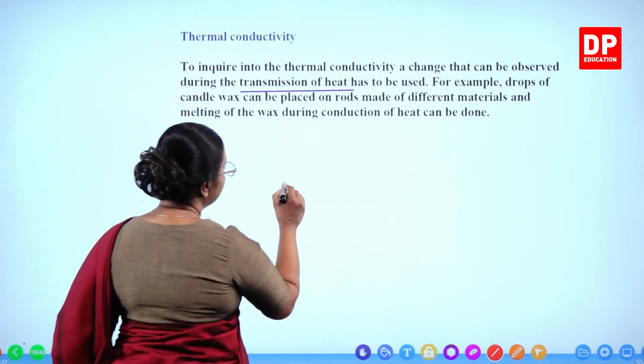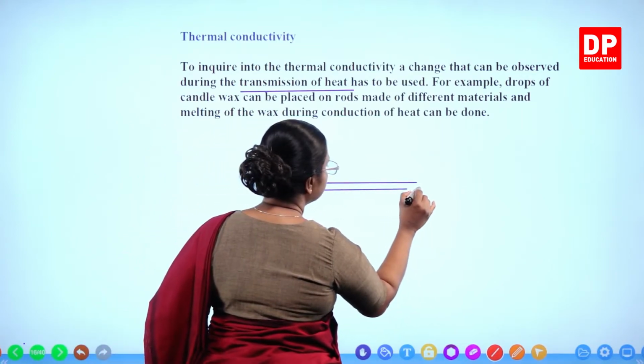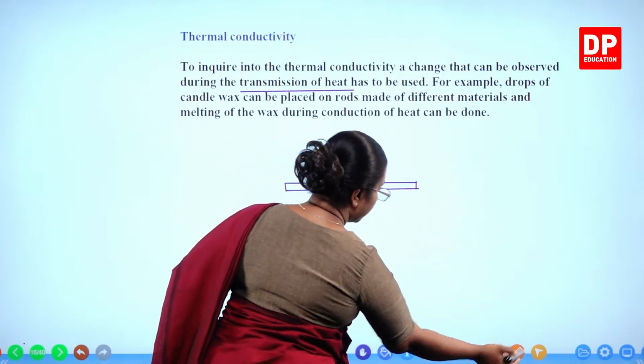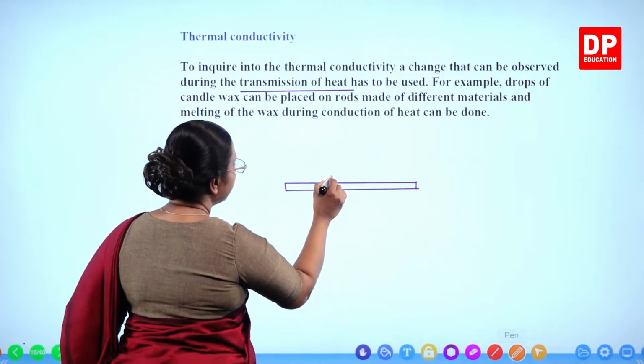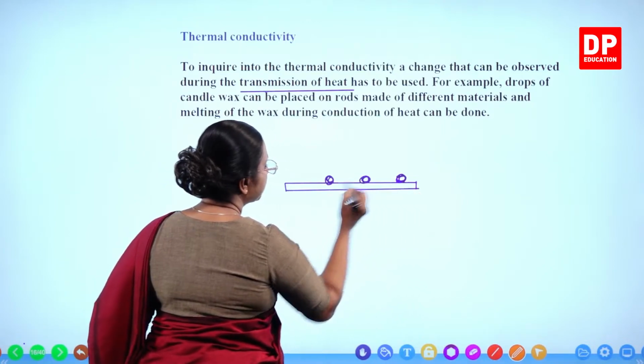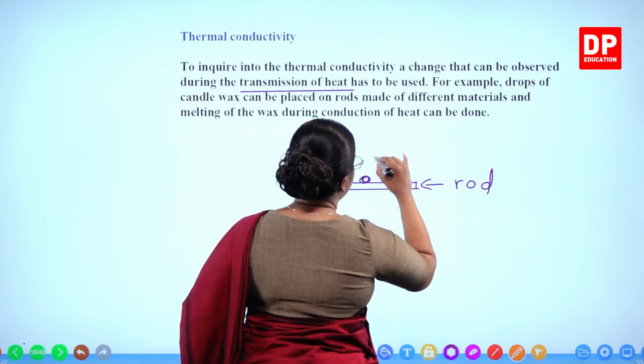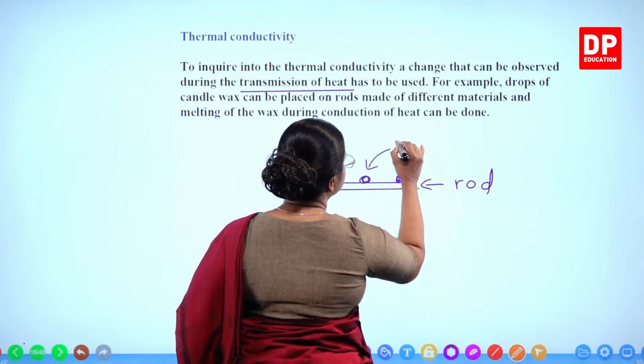So what do we do there? You have a small rod. Now on this rod, what we can do is, we can place a few drops of candle wax. This is the rod. You have the candle wax.